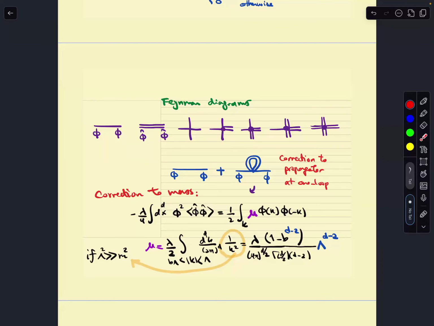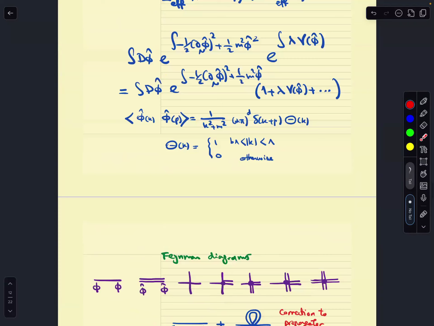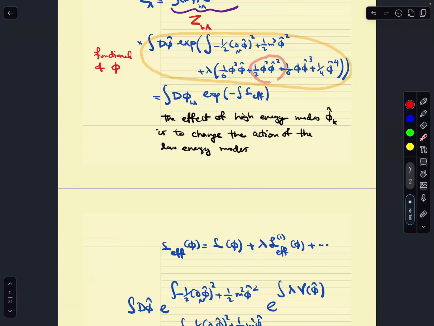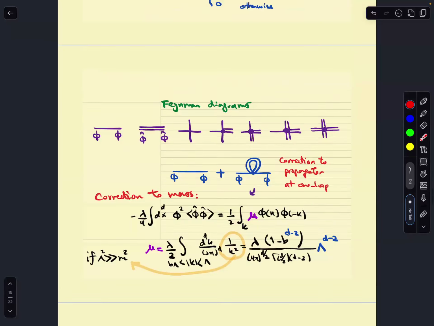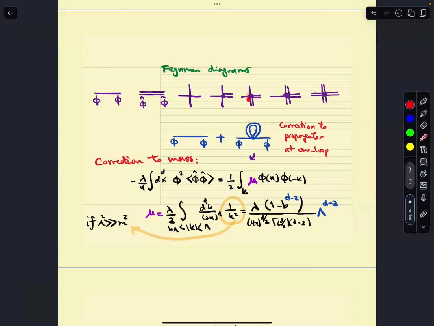We're going to have a phi cube phi hat, phi squared phi hat squared, phi hat cube, and finally phi hat to the power 4. Good. So these are the Feynman rules.